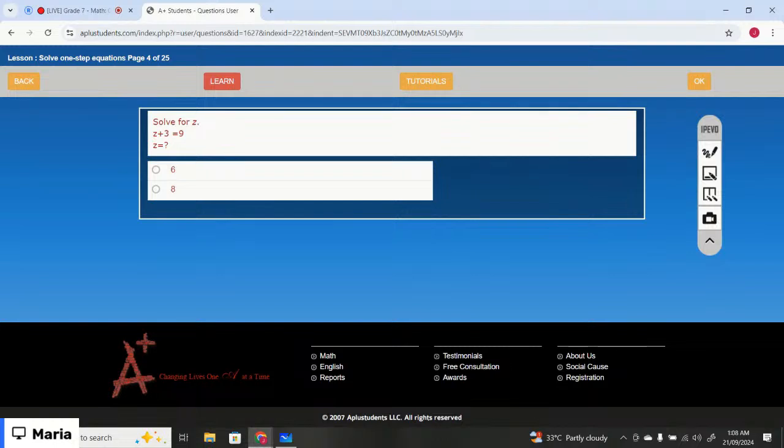When you undo operations, that is z equals 6.